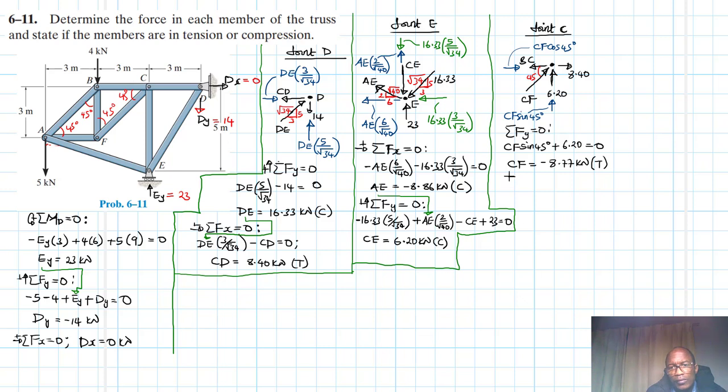Okay, then summation of forces in the x direction equal to 0, in this direction being our reference. We have CF cos 45, then we have minus BC, then plus 8.40 equal to 0. We already found what CF is.